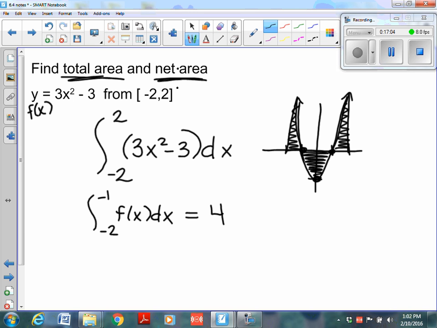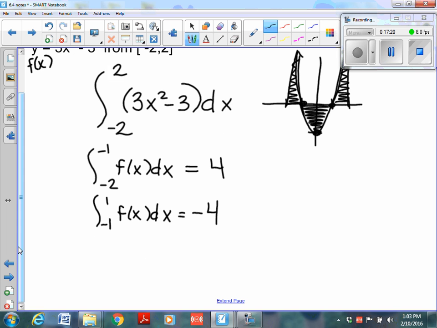So write that down. Could you plug that into your calculator and get that answer? Yeah. And then when you integrate from a negative 1 to a positive 1, f of x dx, you can see that that's going to be a negative, and it ends up being a negative 4. And then when you integrate from 1 to 2, f of x dx, you're going to get a positive 4.